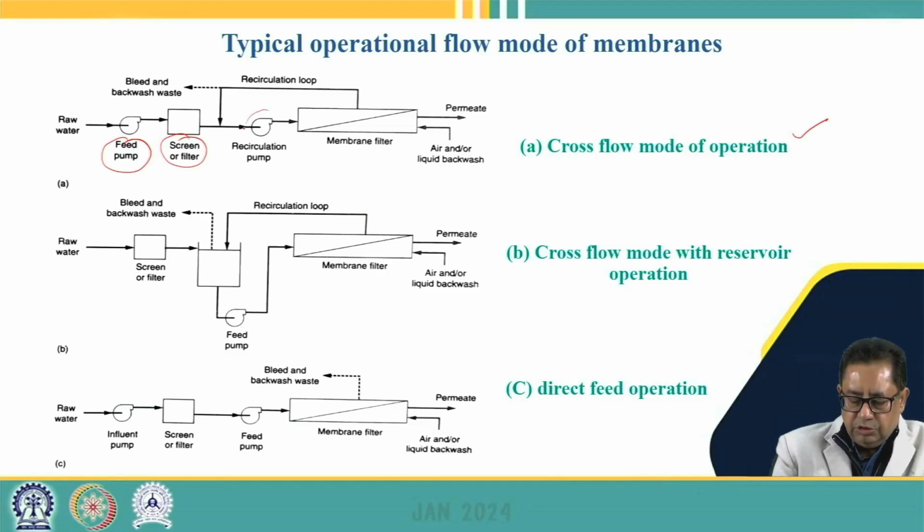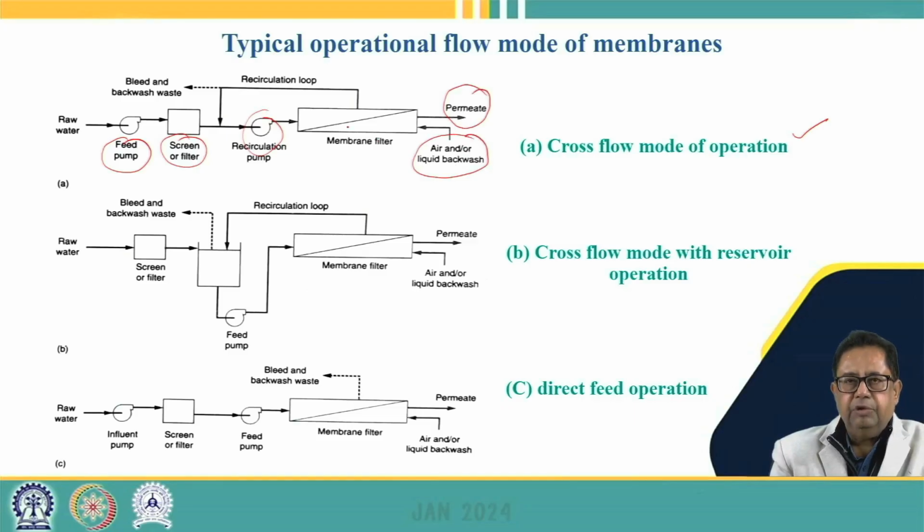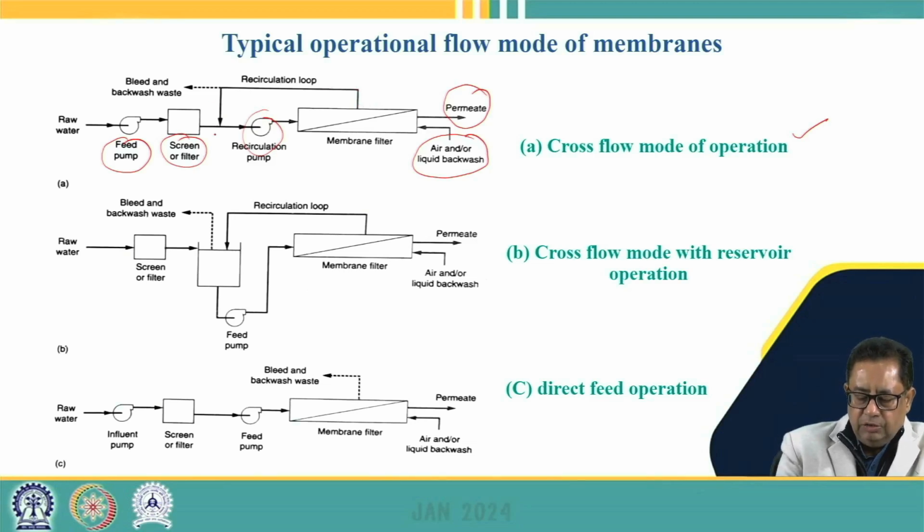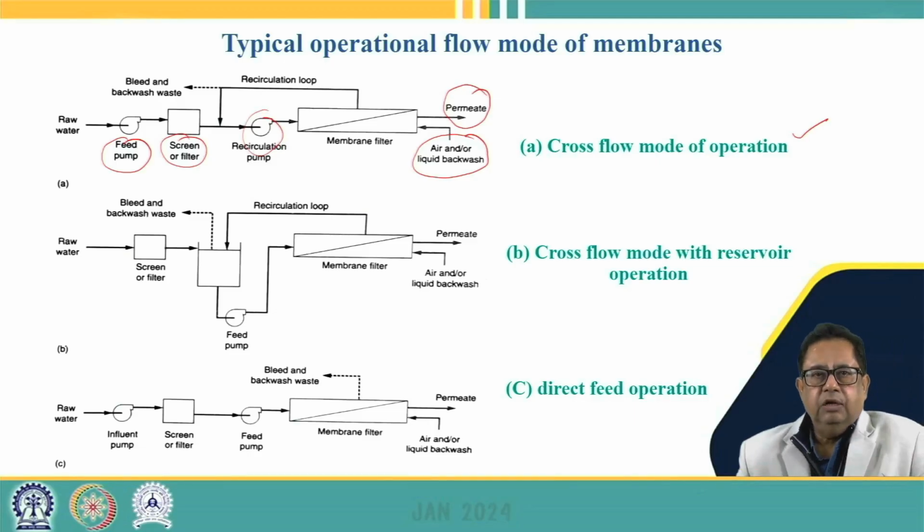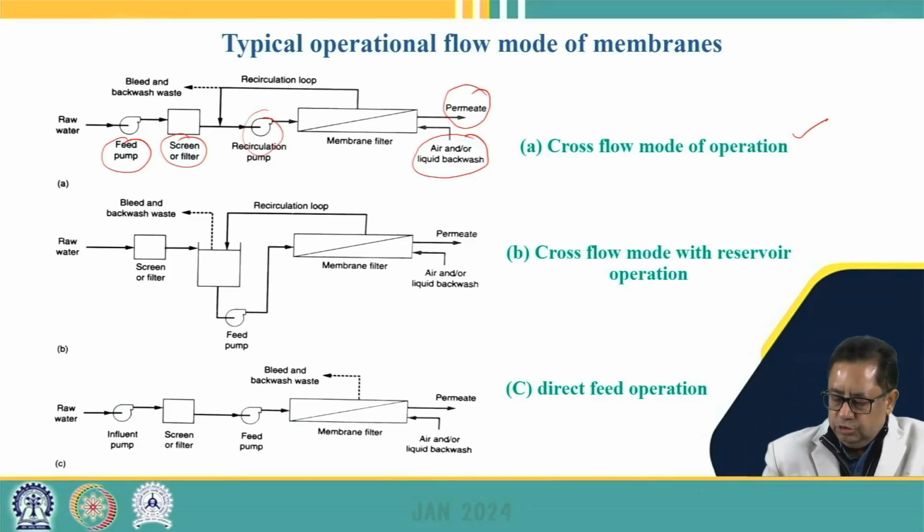Similarly, we can use another pump so that it can be applied to the membrane here, and we see that the permeate is passing through the membrane, and air or liquid backwash may be used for cleaning the membrane in place. And the water coming out as reject or concentrate may be taken back to the recirculation pump, so it becomes part of the feed. This is the first type of configuration that we have discussed.